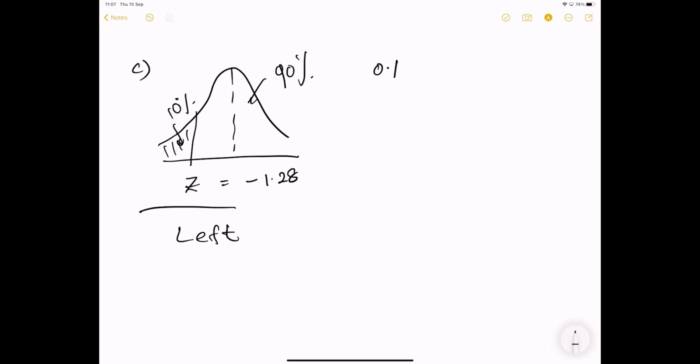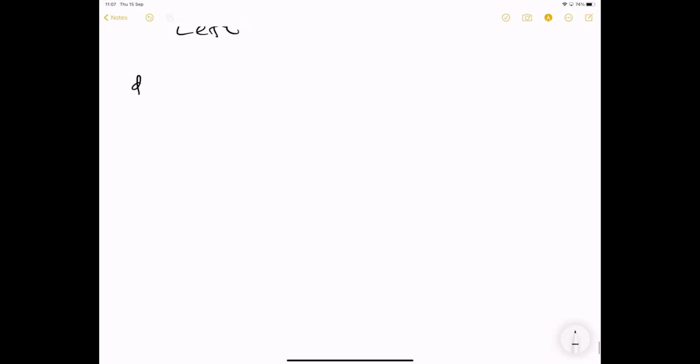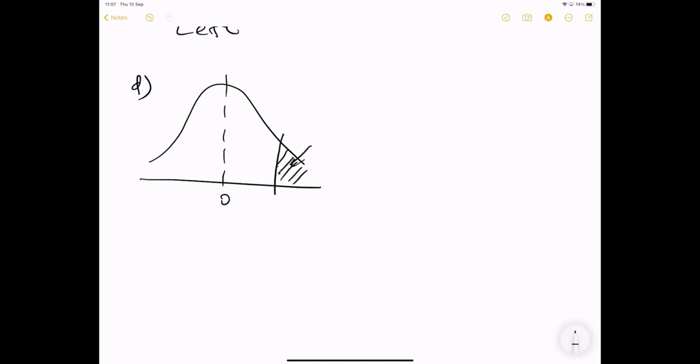Left of Z is 10%. So part D. The area to the right of Z is 0.05, to the right side. They clearly mention that. So this area should be 0.95.